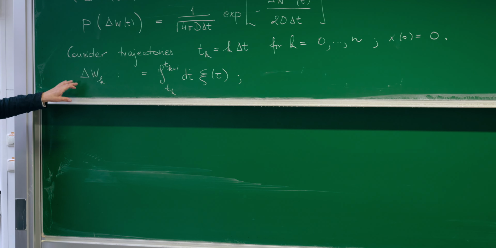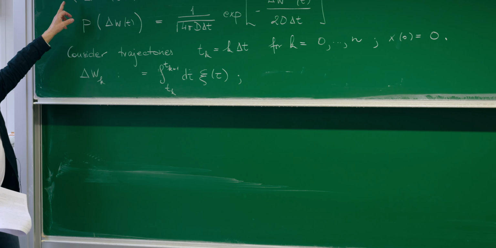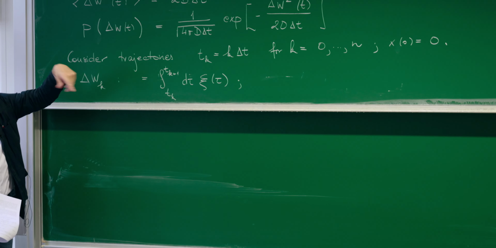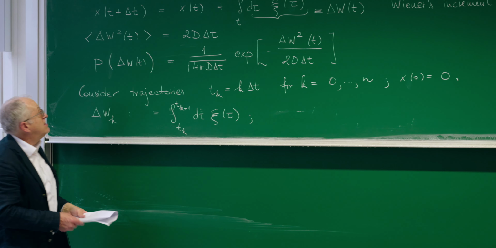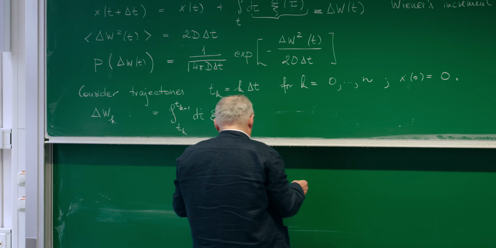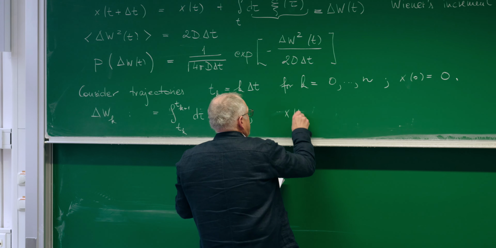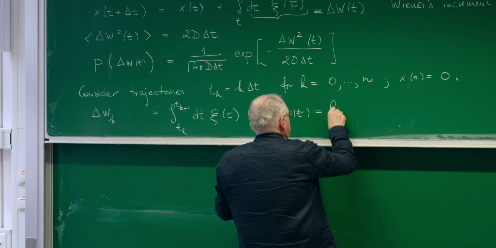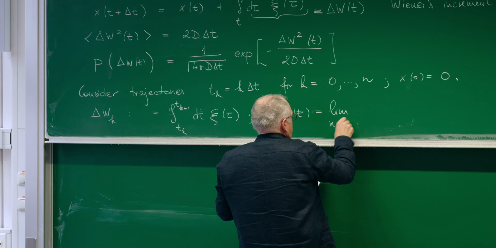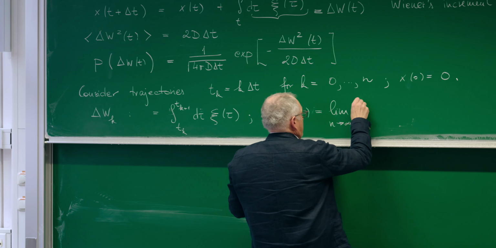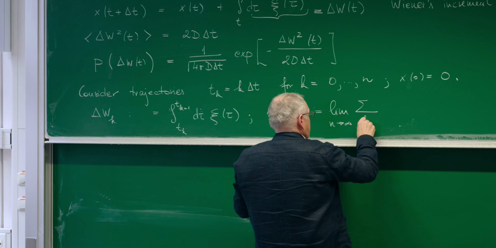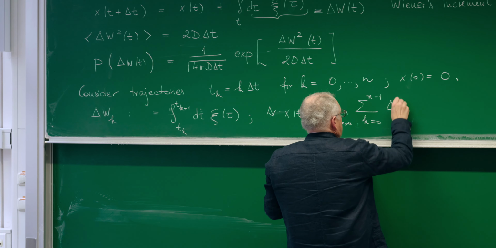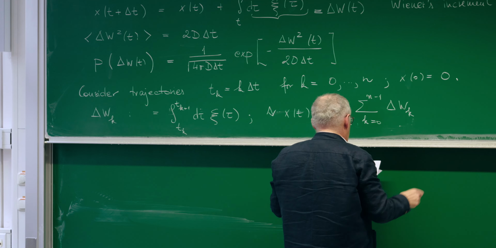If you have that, then the equation for x is just a recursion relation. You start from x_0 equal to 0 and you add up all these random variables. So that means that our x of t is nothing but now the limit of an infinite number of time points, the sum from 0 to n minus 1 of delta w_k.